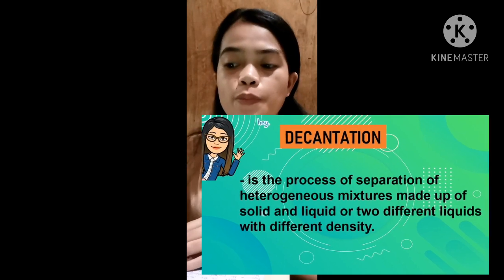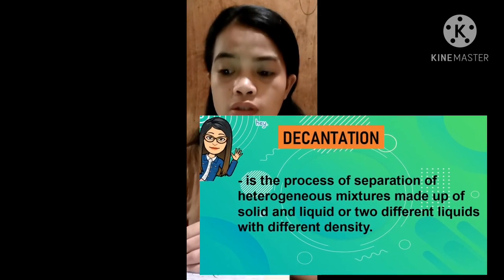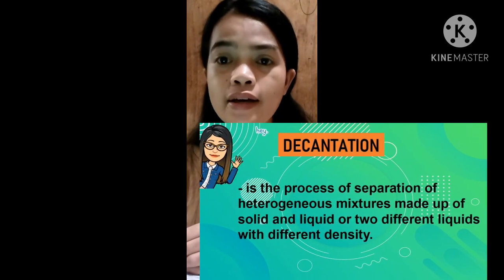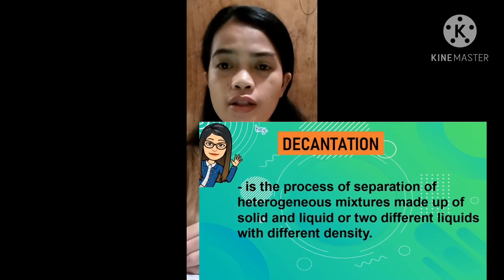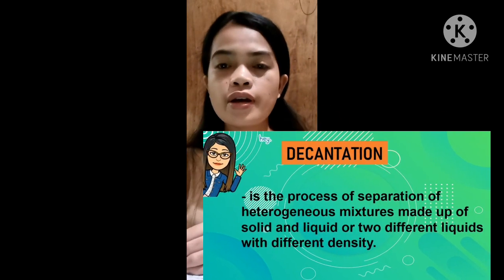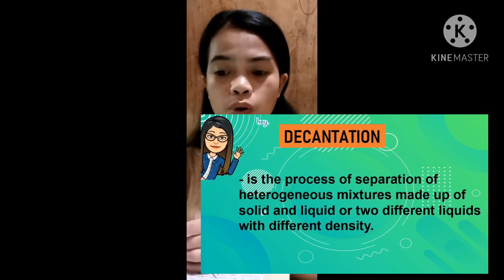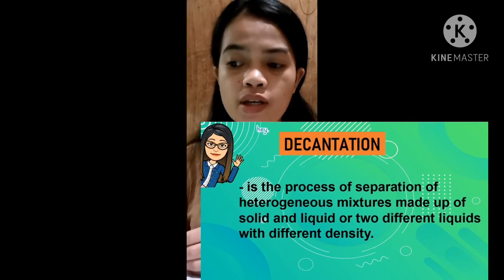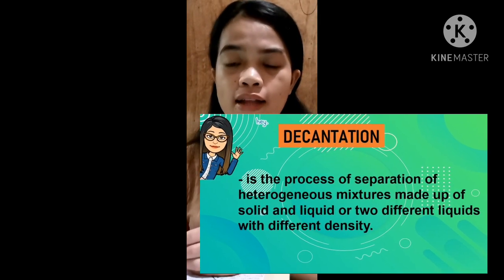Decantation is the process of separation of heterogeneous mixtures made up of solid and liquid, or two different liquids with different density. So here is an example of a solid and liquid mixture that can be separated by decantation.